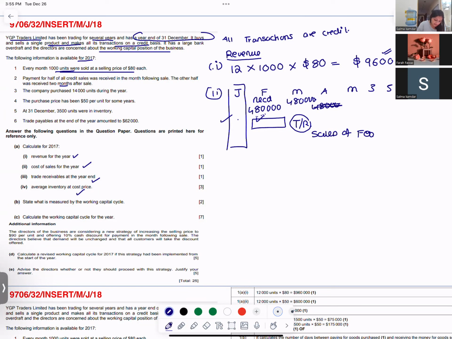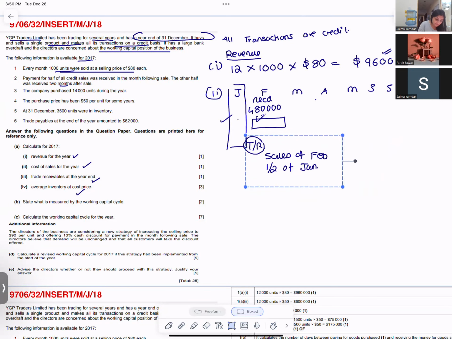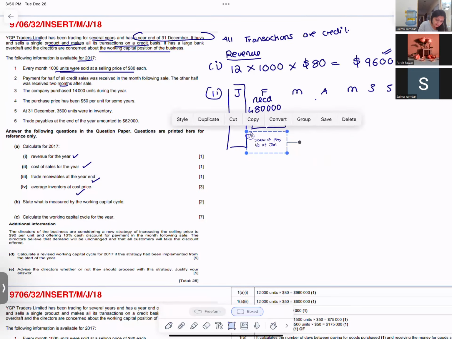My this would be how much? It would be the sales of February plus half of Jan, my trade receivables. Are you with me? Yes. Okay. This I am talking about my trade receivables of Feb. Are you with me?